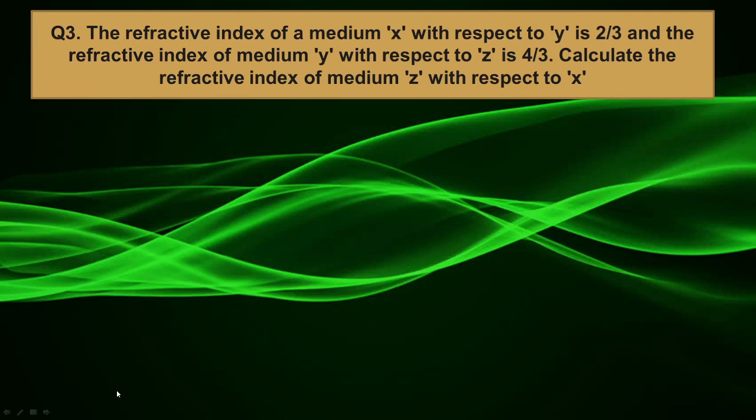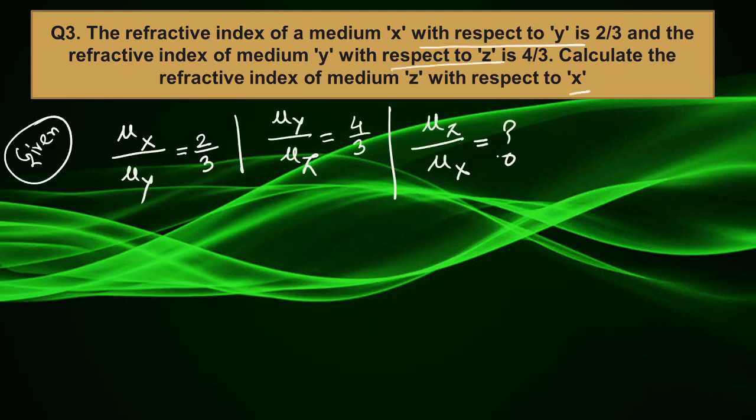It means we have to solve mu of z with respect to x, where the reference medium always comes below. Okay, so let's start the calculation. We know mu z by mu x we can write like this: mu z by mu y into mu y by mu x.